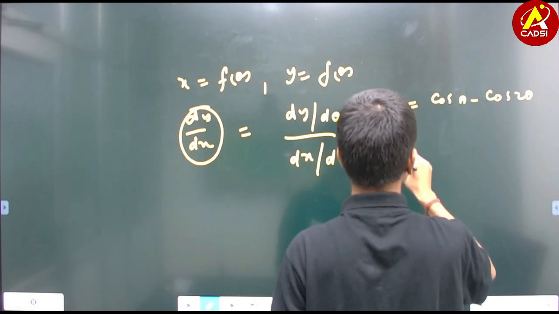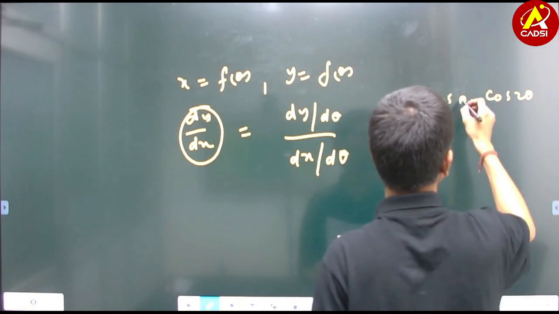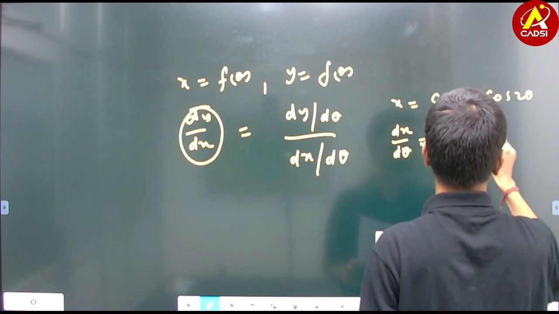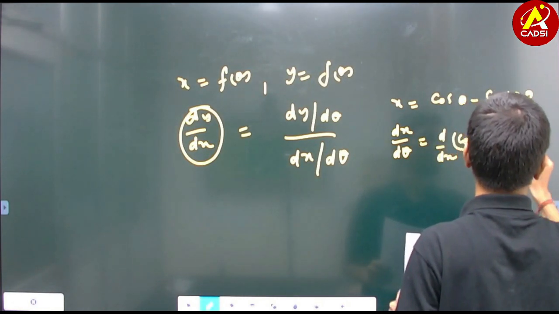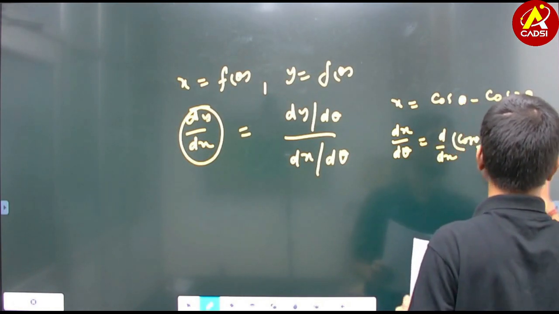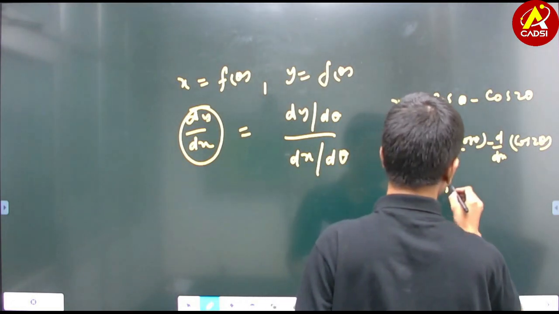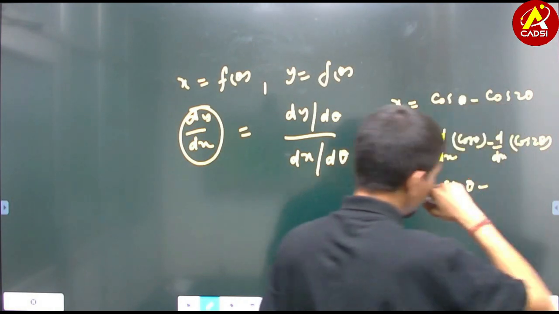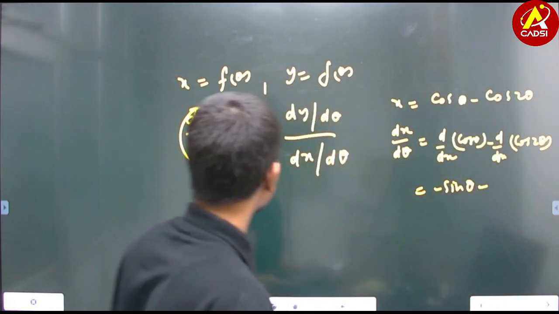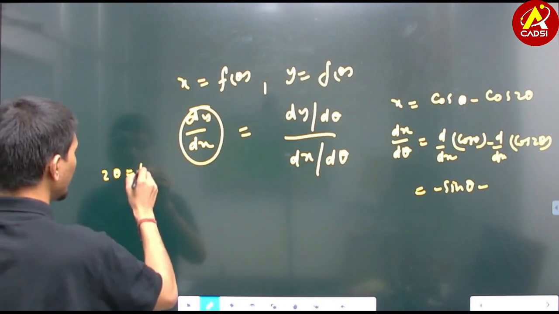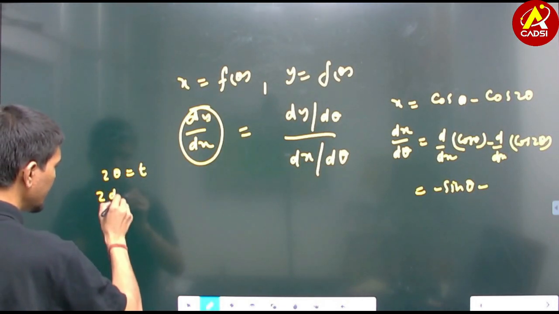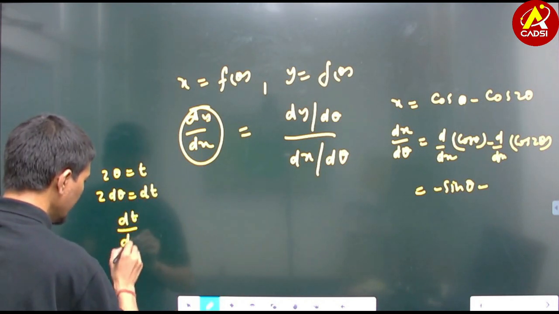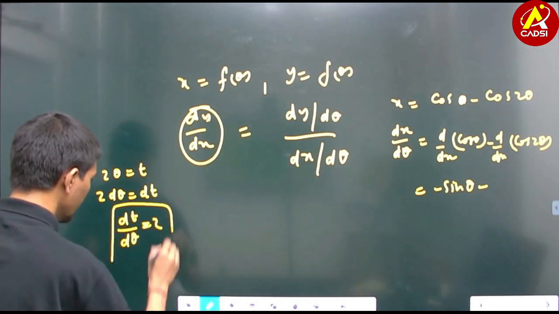dx upon d theta means d upon d theta cos theta minus d upon d theta cos 2 theta. Here we get minus sin theta, and here 2 theta equals t, so 2 d theta equals dt, and dt upon d theta equals 2.